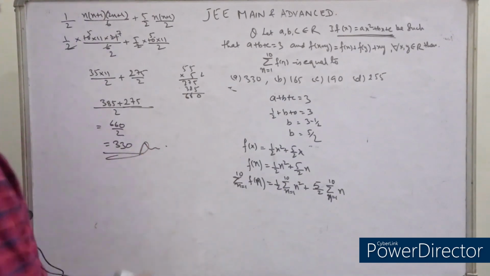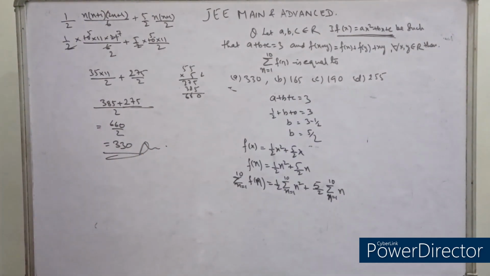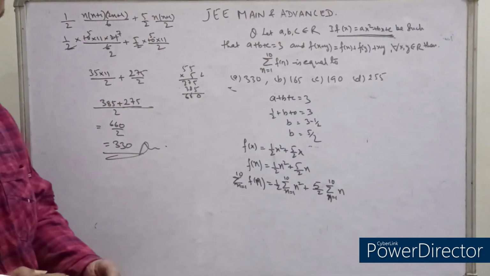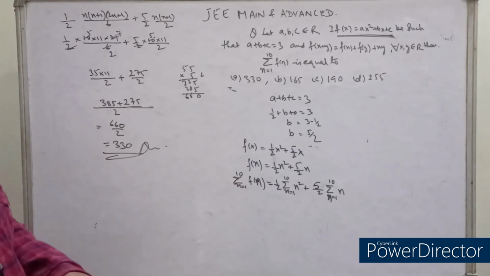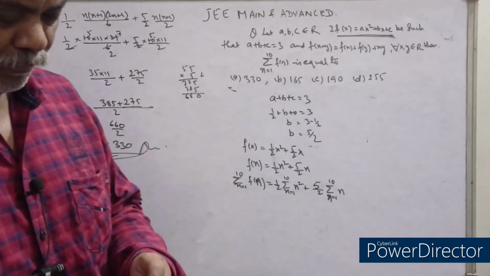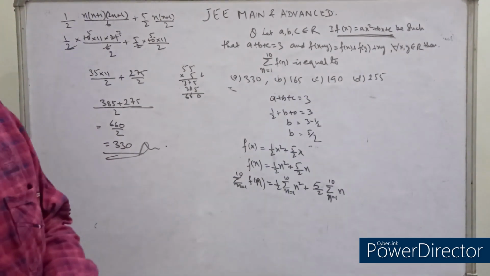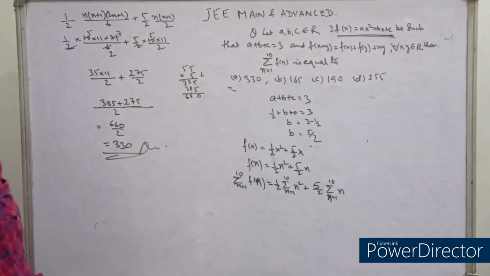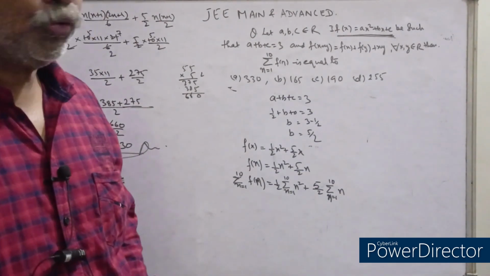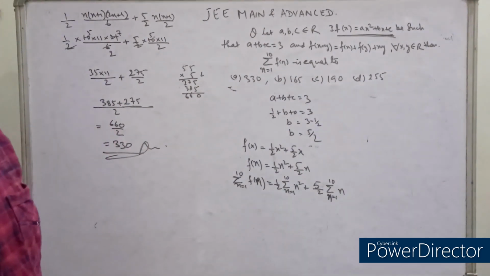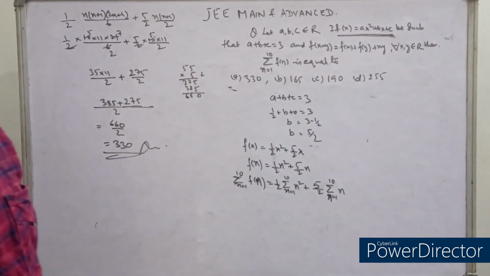This is your answer. So this is how we solve these questions. So for the preparation of JEE Mains and Advanced, I prefer that first of all you thoroughly complete your textbook with all examples and exercises.